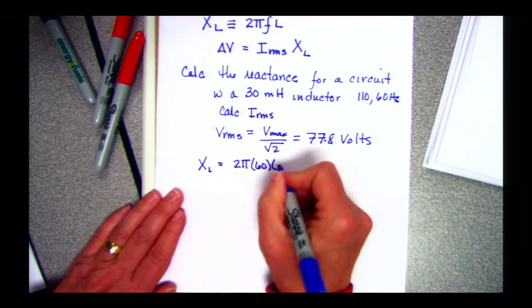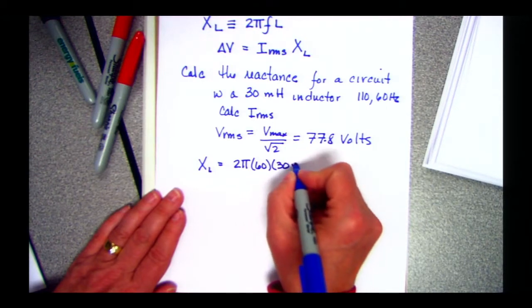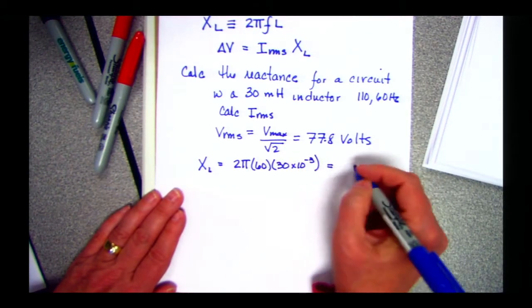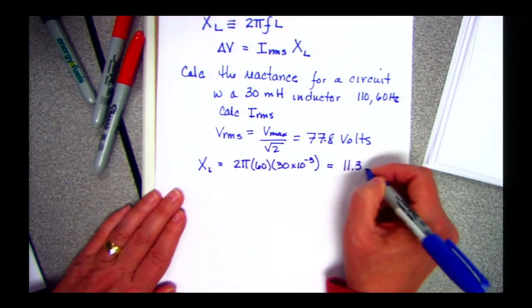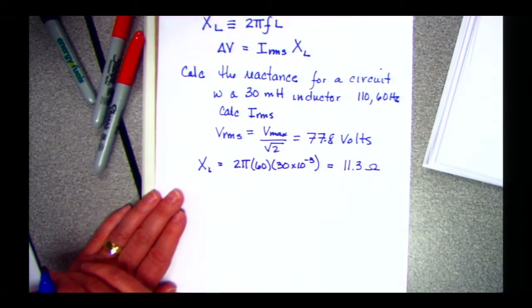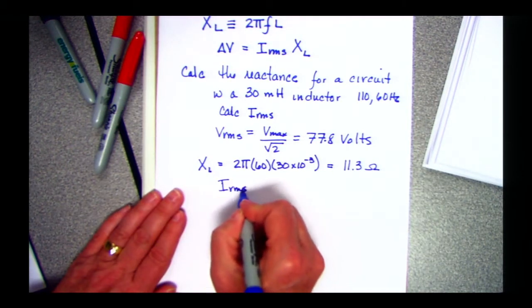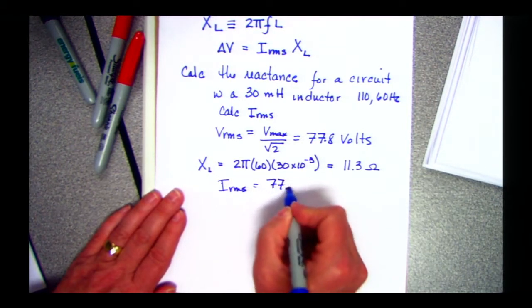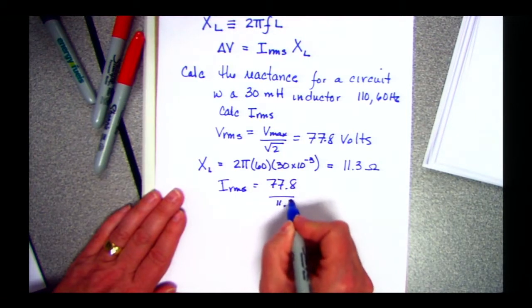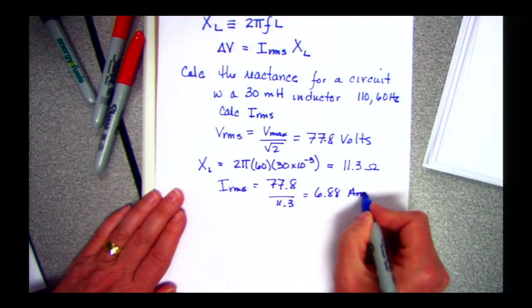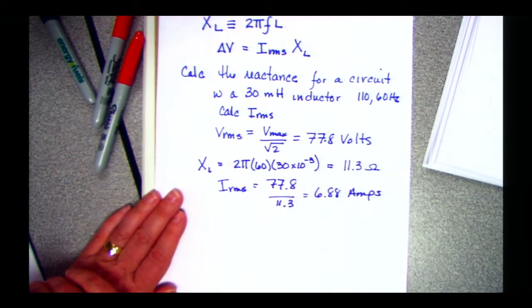And I got millihenries, so it's going to be 30 times 10 to the minus 3. And when I plug that into the calculator, I get 11.3 ohms. So my IRMS is equal to 77.8 over 11.3, 6.88 amps, if I plug that into the calculator.